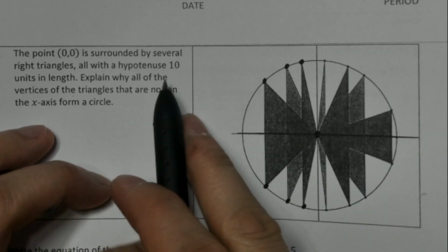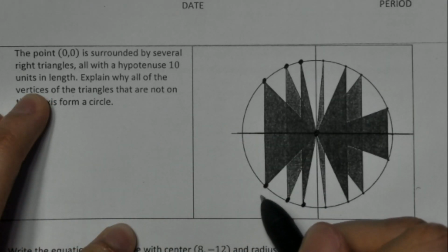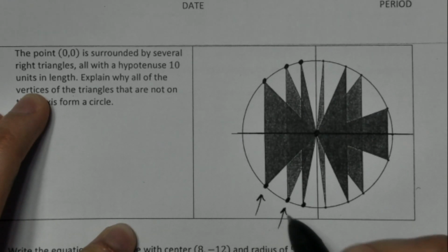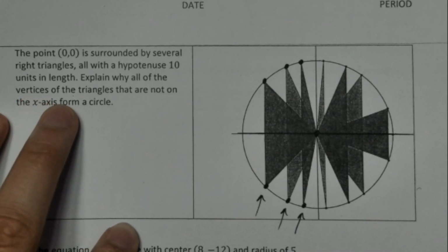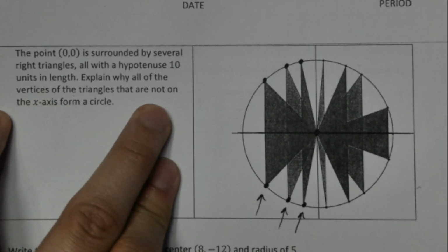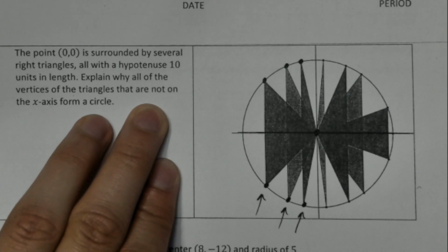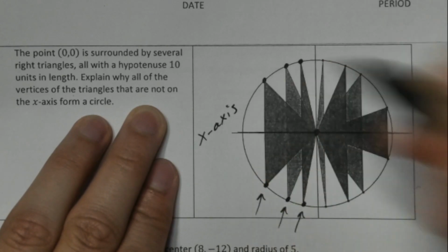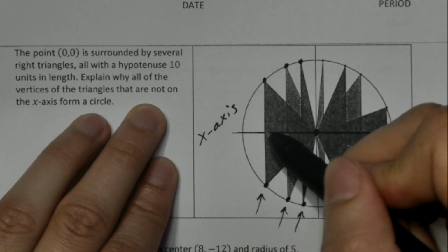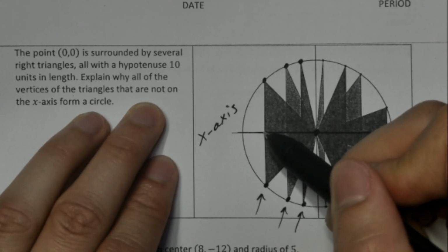So explain why all of the vertices are just the points. Okay, this is a vertex, this is a vertex, this is another vertex. So explain why all the vertices of the right triangles that are not on the x-axis form a circle. So this is your x-axis, if you notice, this is another vertex of the triangle, but this vertex is on the x-axis.